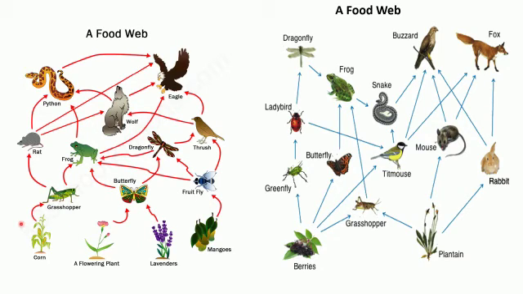Here there are so many producers which have been shown. All these are primary consumers which are directly dependent upon producers. So there are a number of primary consumers, a number of secondary consumers and tertiary consumers, and even the apex level consumer.